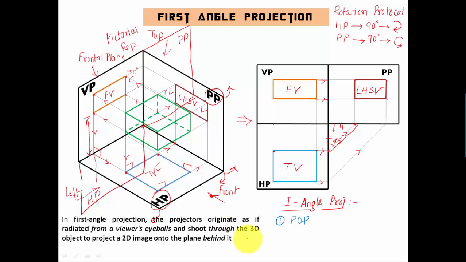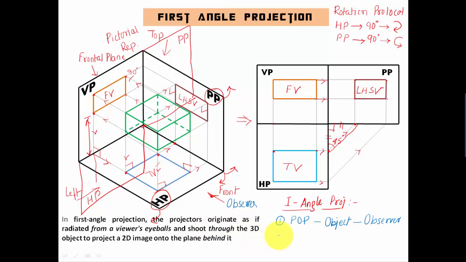And in front of the plane of projection, you're gonna have an object, right? And there is gonna be an observer, in all the three cases. So you have an observer over here. So this can be treated as an observer. Then you have this object. Then you have this plane of projection. So this is the protocol in first angle projection.